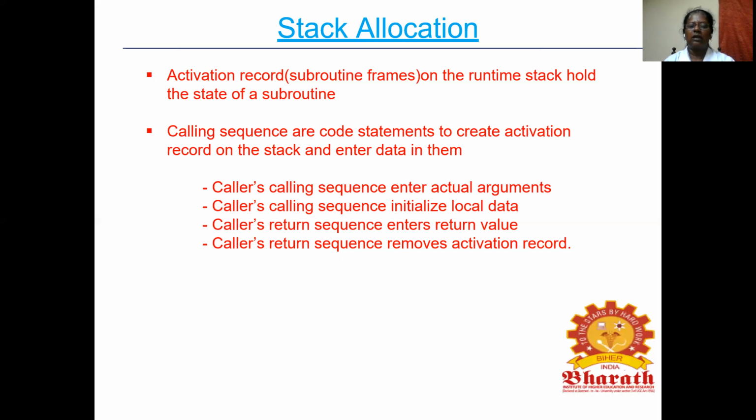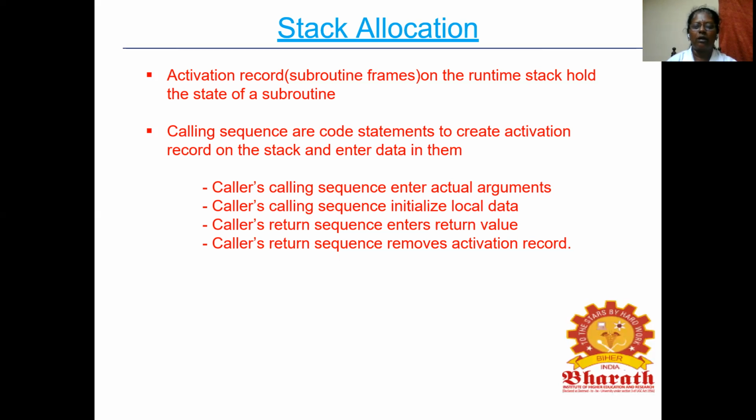So in the first sequence it enters the actual arguments. Next, the calling sequence initializes the local data. Then the return sequence enters the return value, returning whatever output we are getting.